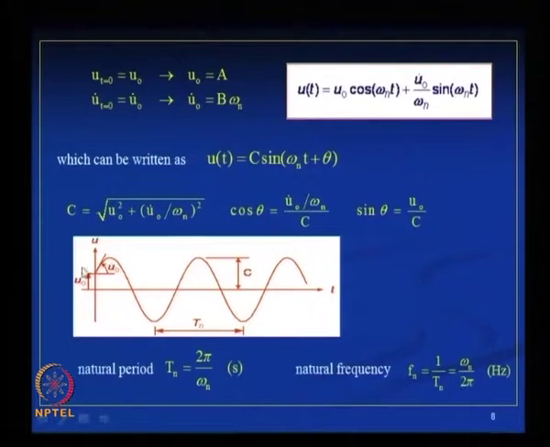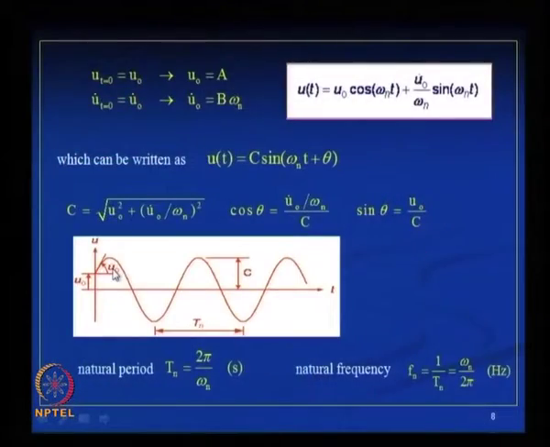The solution is a harmonic function, with the initial condition as initial displacement here and initial velocity here. The initial velocity can be positive, zero or negative, and how the response starts in the graph depends on that, as you know already.